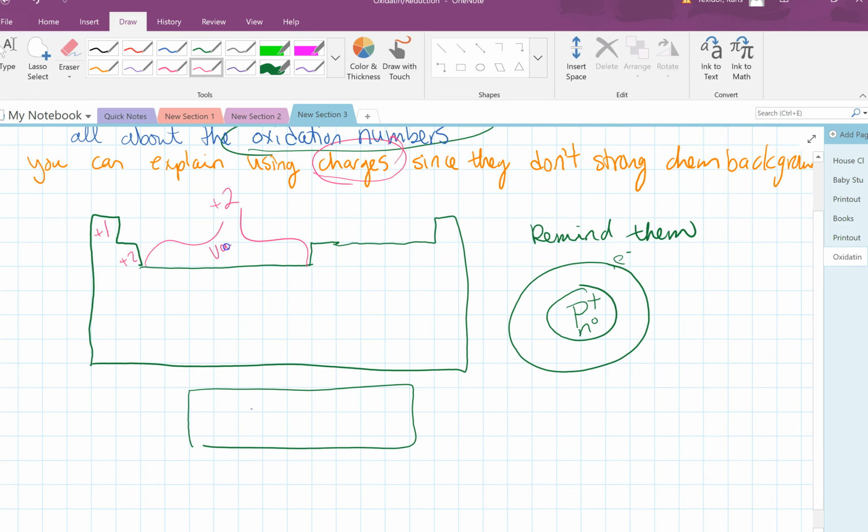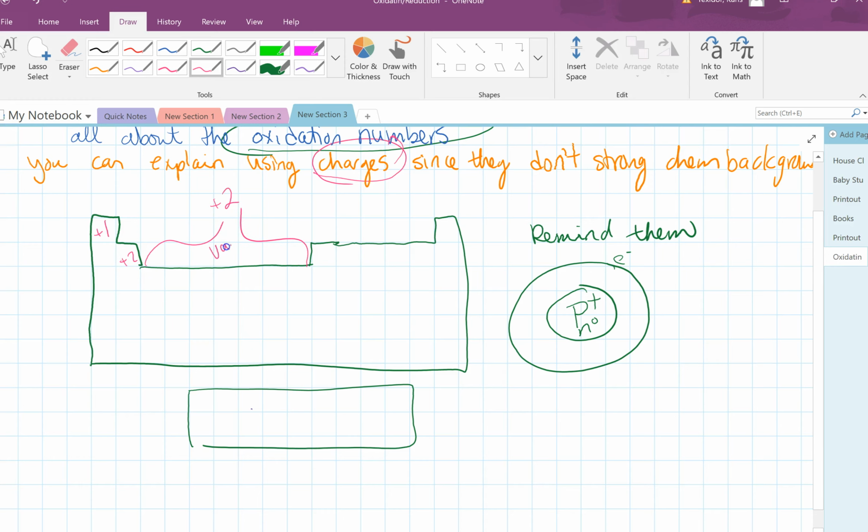You can just tell them that if you want to. +3, and then we say plus or -4 because it's just as easy to gain 4 electrons as it is to give 4 electrons to get the full octet rule. And then -3, -2, -1, and then the noble gases already have a full 8 electrons, and so they're 0.